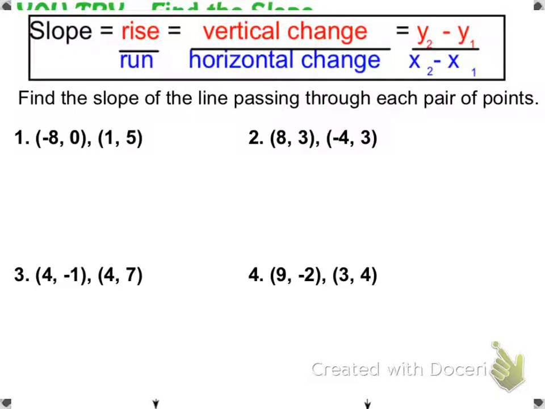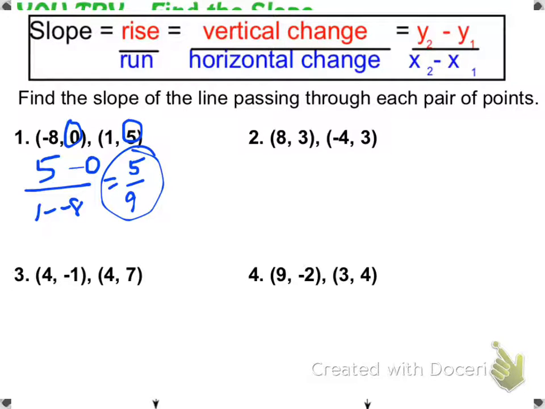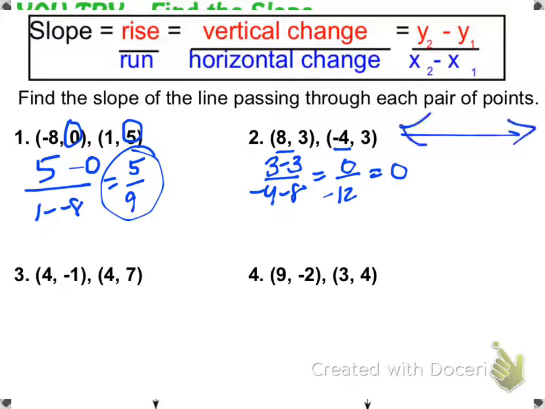And then the next thing is given 2 points finding the slope. So here's our y2, here's our y1, 5 minus 0 over 1 minus 8 gives us 5 over 9. And that fraction is our rise over run. That's our slope. Here we have a 3 minus 3, and a -4 minus 8, which gives us a 0 over 12, which is a 0 slope. So that corresponds to a horizontal line.